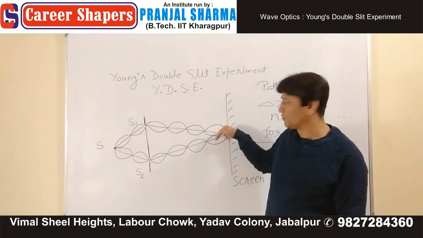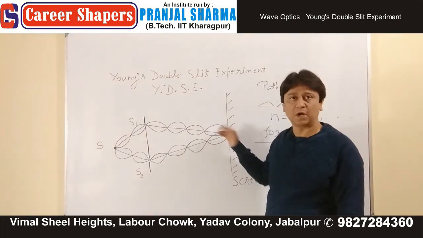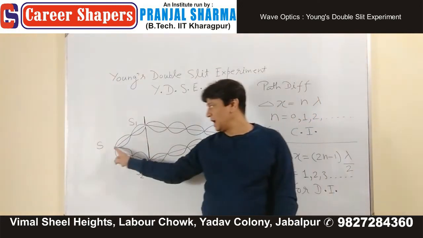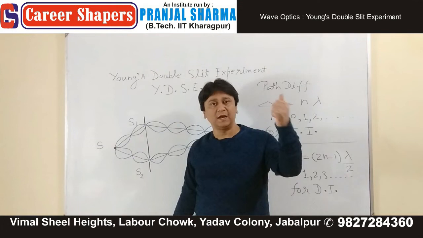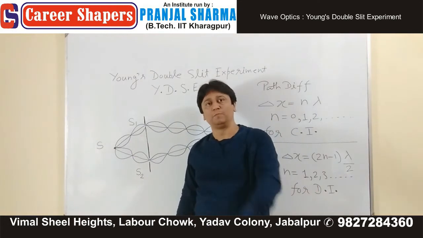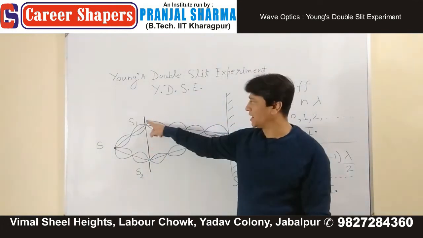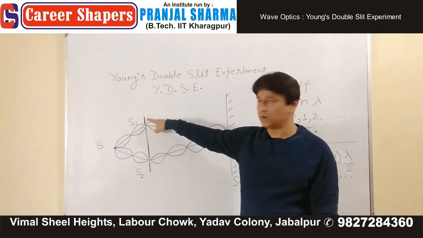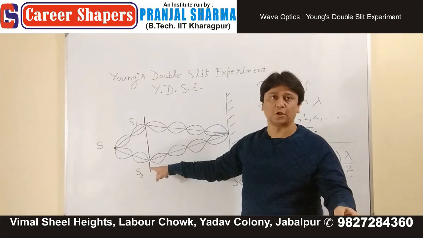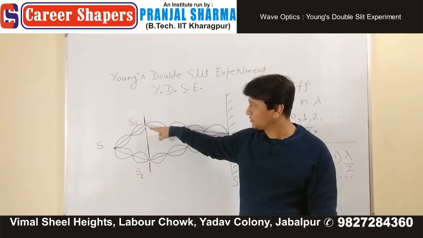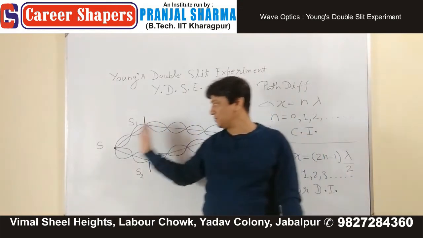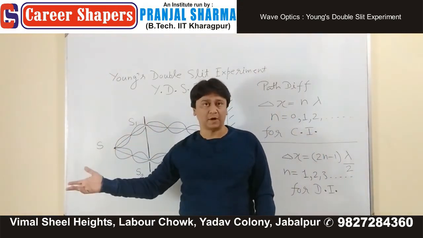When blue interferes with blue, again constructive interference takes place. So, S can send any type of wave, black or blue. We have created two coherent sources. If S1 is black, S2 is also black. If S1 is blue, S2 is also blue. What happens here, we don't have to worry about it.